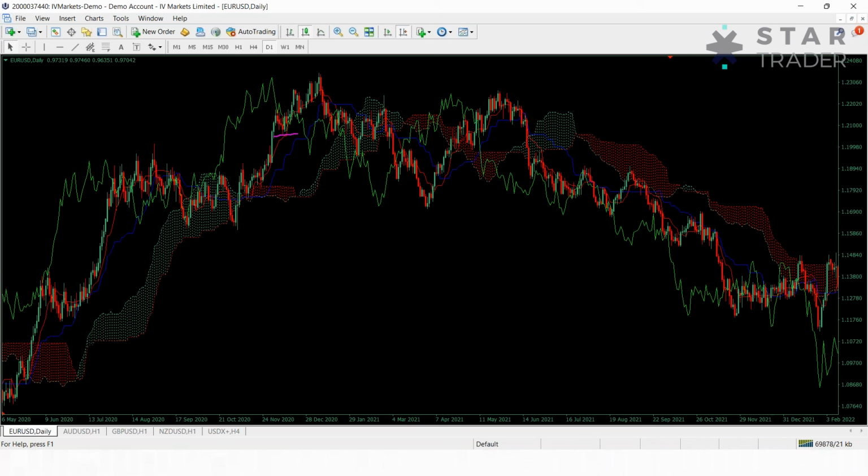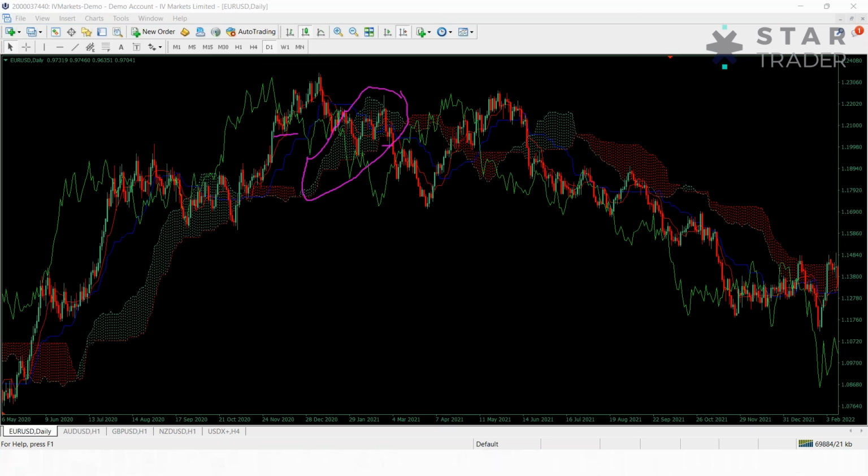But still, as you can see, the cloud is telling us that the market trend is bullish. Okay, so do not get confused over here. It is telling us, yes, the market trend is still bullish because the cloud is still green. So for the confirmed entry, we must wait for the market to break this cloud.